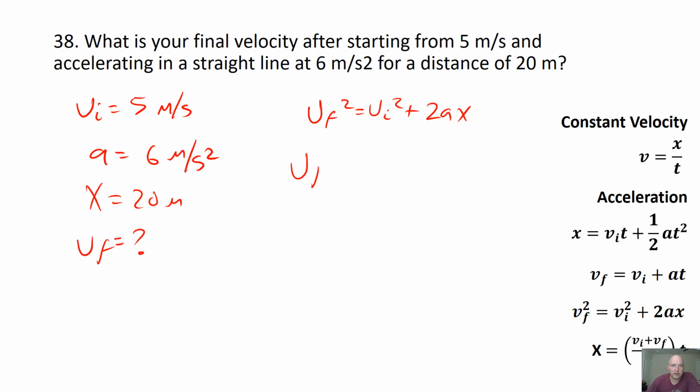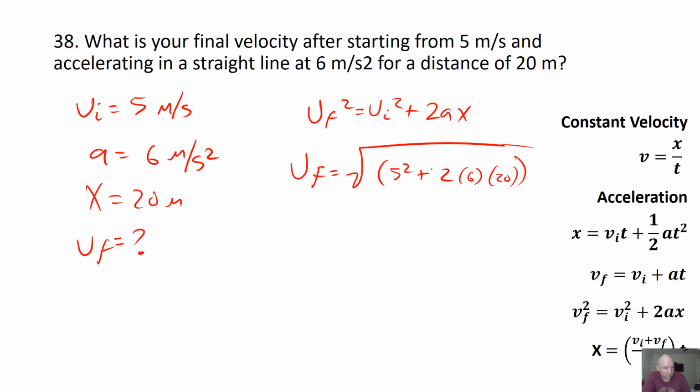And we're going to solve for VF separately, so we're going to have the square root of all of this. 5 squared plus 2 times 6 times 20. And we want to have the entire amount, this whole value, underneath the square root. So I like to type it in backwards. 5 squared plus, open parentheses, 2 times 6 times 20, close parentheses, equals, tells me 265, and then on my calculator I can go to the square root.